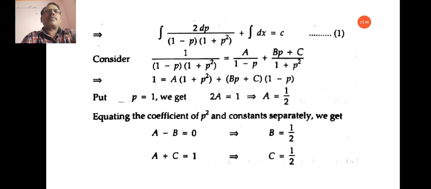Here a very important tool is partial fractions. Without knowing partial fractions, we cannot resolve and we cannot integrate at all. So a very important step is 1 by 1 minus p into 1 plus p square. We resolve into partial fractions: A by 1 minus p plus bp plus c by 1 plus p square, and we get the values of a, b and c by putting p equal to 1 and comparing coefficients of p square and the constant.